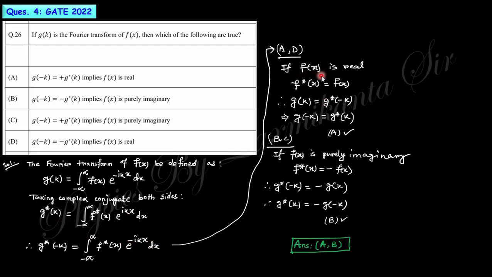And if f of x is real, then what happens? f star of x equals f of x, so this is g star of minus k. So option A is correct. And if f of x is purely imaginary, then f star of x is equal to minus f of x. So if you put that here, that is minus f of x, then this equals minus g of k. So options A and B are correct for this question.